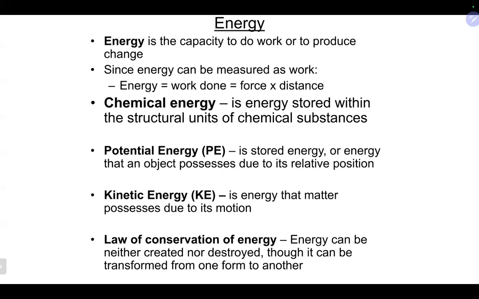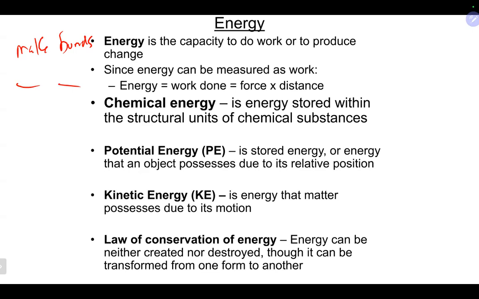For example, if we had some bonds we wanted to make, we have two particles separated from each other. They have a lot of energy. You need to remove the energy so they slow down and are able to come together and bond with each other.